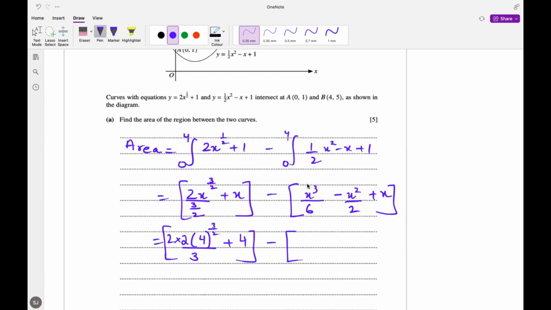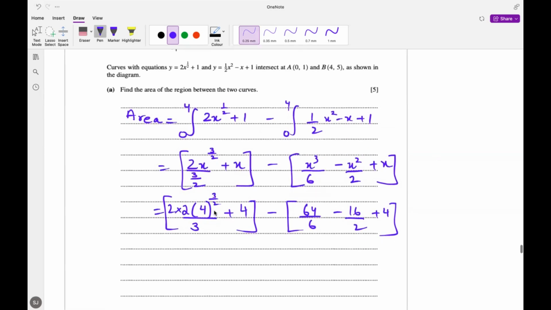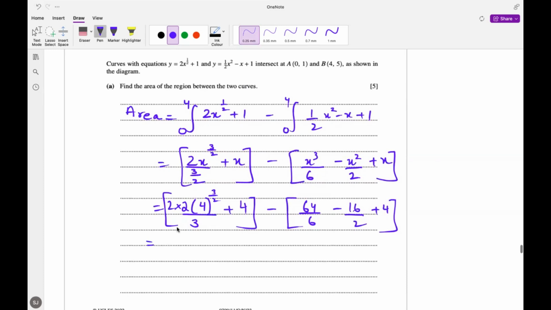Now we'll substitute x equals 4 into this expression. So this will become 4 cubed, 64 upon 6, minus 4 squared, which is 16 upon 2, plus 4. 4 to the power 3 upon 2 becomes 8, and 8 times 4 will become 32. So this will be 32 upon 3 plus 4 minus 64 upon 6.